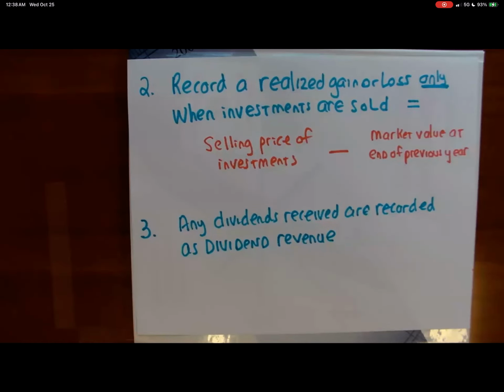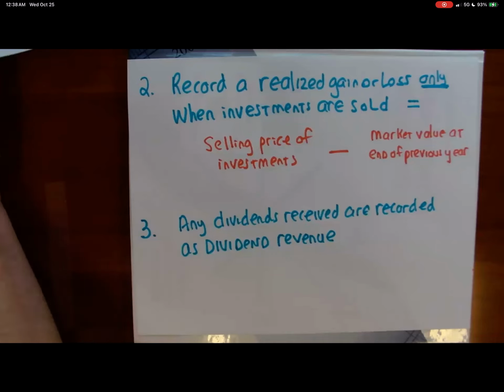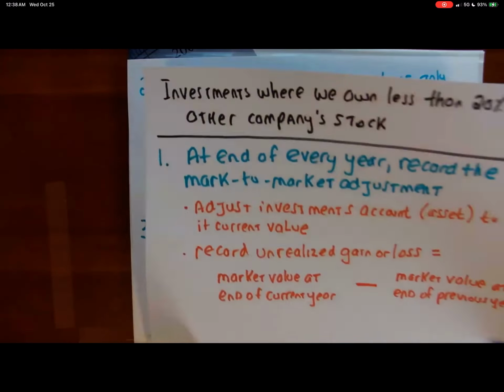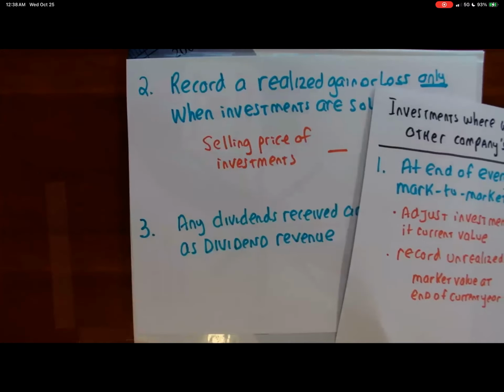All right, that's what we've got to be able to do. If you guys were to say to me, hey, exam is next Monday night, what do we have to know about investments where we own less than 20% of the other company's stock? Honestly, I would just point to this right here. That's what we have to know.